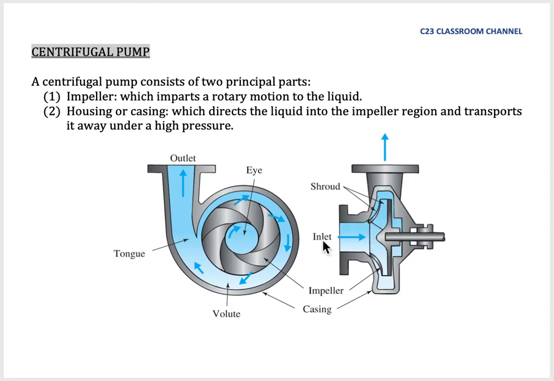Okay. So the idea is the water will enter from the eye at the center of the impeller, and then the water will move with the blades. As you know, the blades rotate at a certain speed, so the water comes from the eye into the blades, and the blades move with a certain amount of kinetic energy.